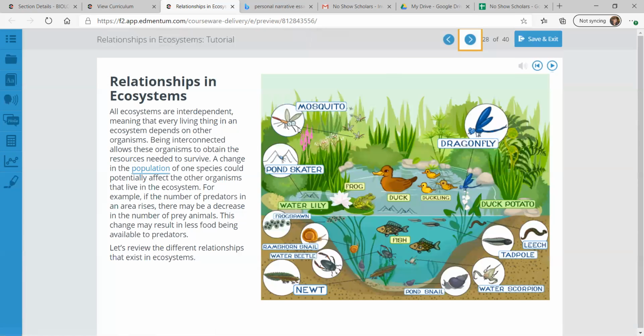In relationships and ecosystems, all ecosystems are interdependent, meaning that every living thing in an ecosystem depends on other organisms. Being interconnected allows these organisms to obtain the resources they need to survive. And any change in the population of one species could potentially affect other organisms that are living there.